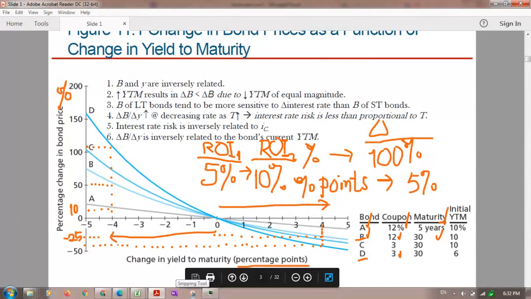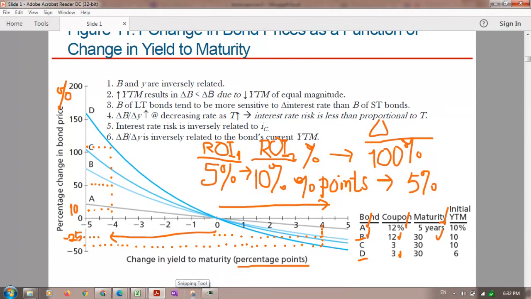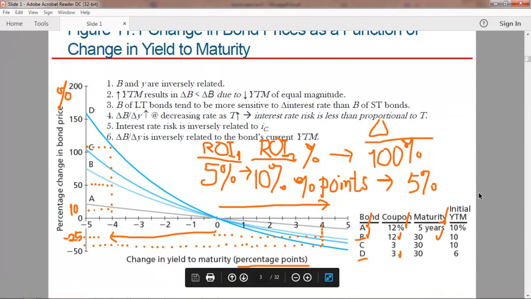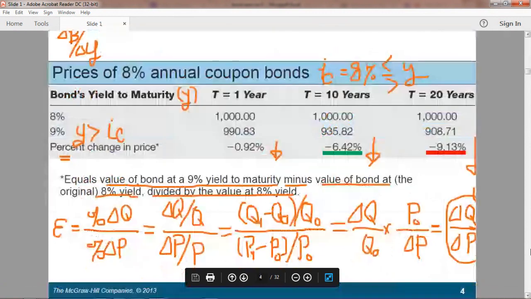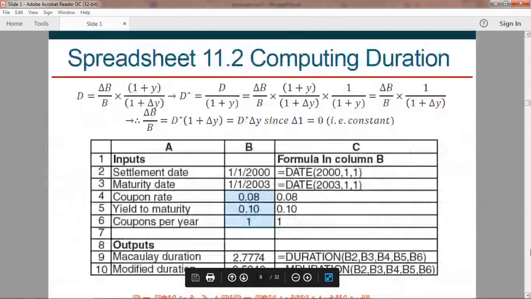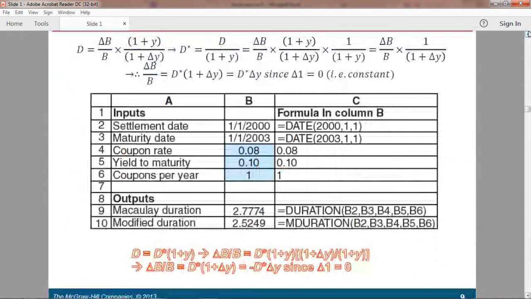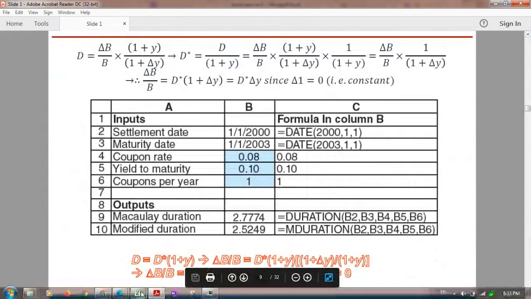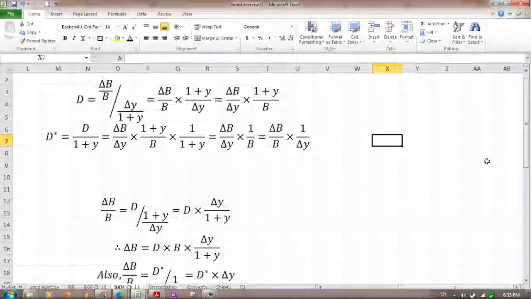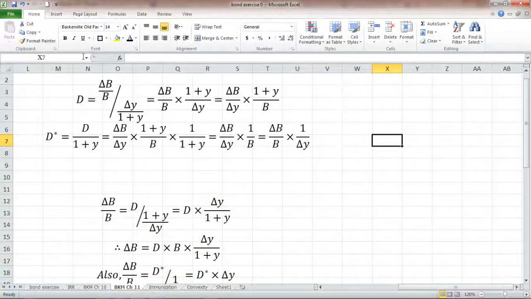Higher duration means it's closer to the term of the maturity, so you are more exposed to interest rate risk. That's why, in that sense, duration is like elasticity.